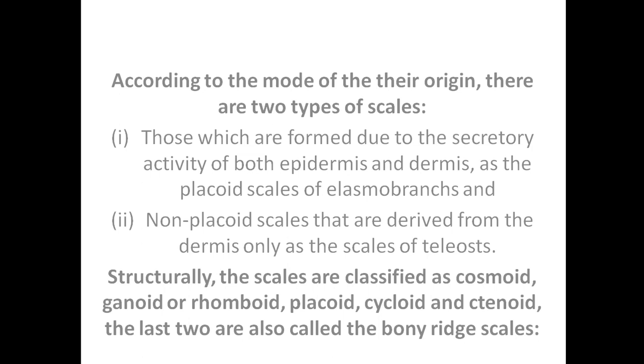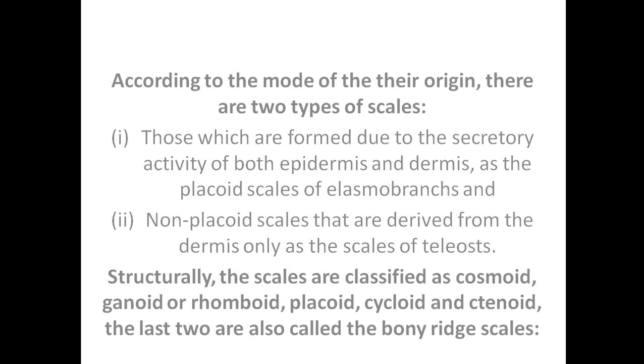Then there is the other group of scales, non-placoid scales. They are derived from dermis only, especially all the scales possessed by the bony fishes or osteichthyes. They are non-placoid scales which are derived from only the dermis.